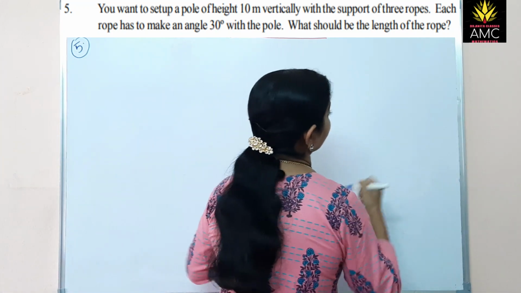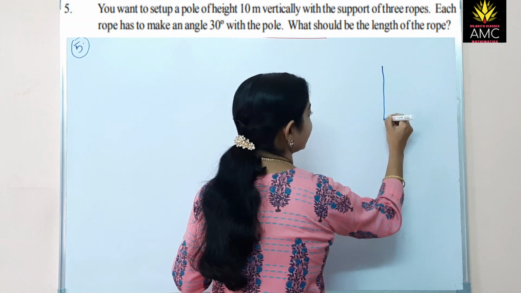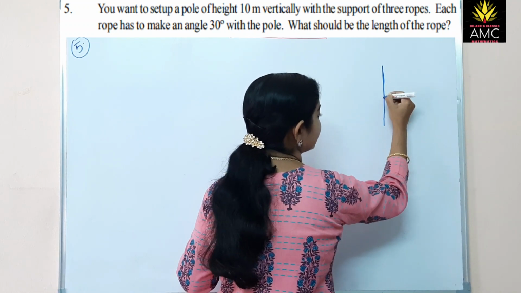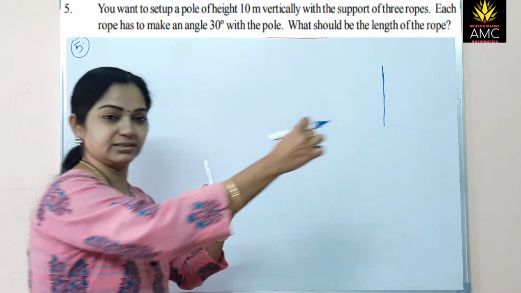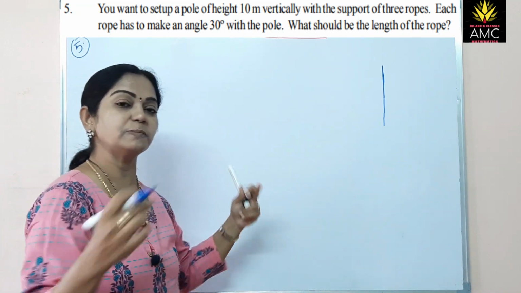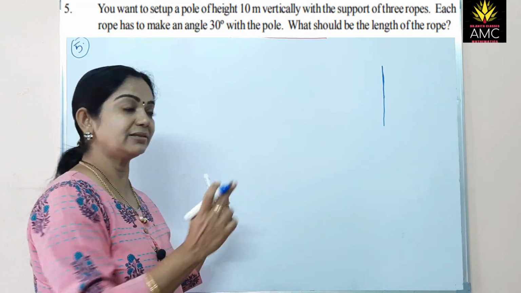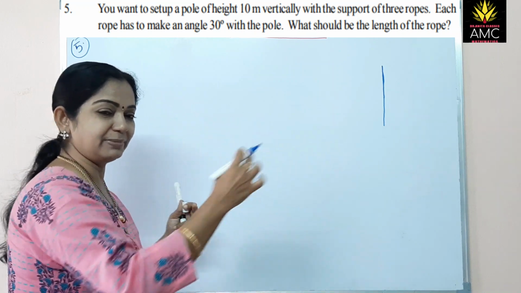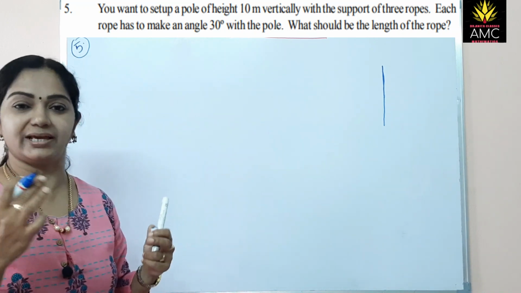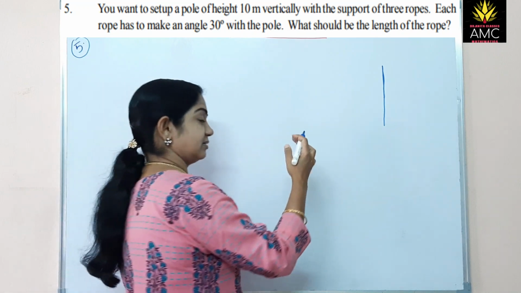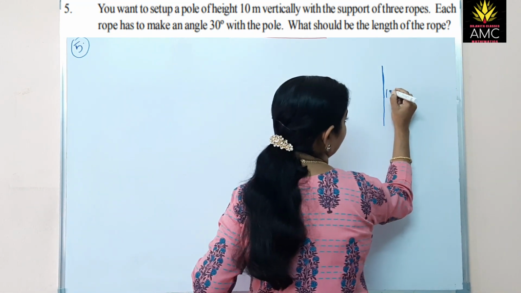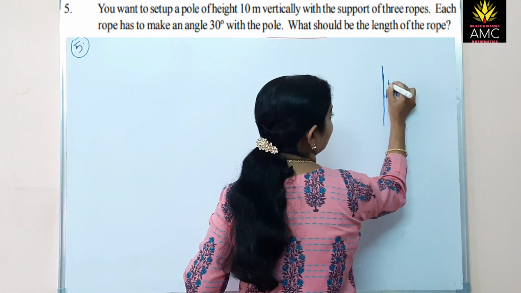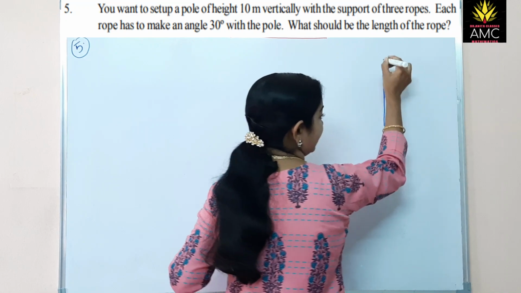Now if you see this diagram, we can draw it because on 3 sides the ropes are tied so that the pole is erect. So that means somewhat a 3D visualization, three-dimensional visualization. That 3D we cannot draw it. So this is a pole. Let me suppose this as a pole, 10-meter pole.